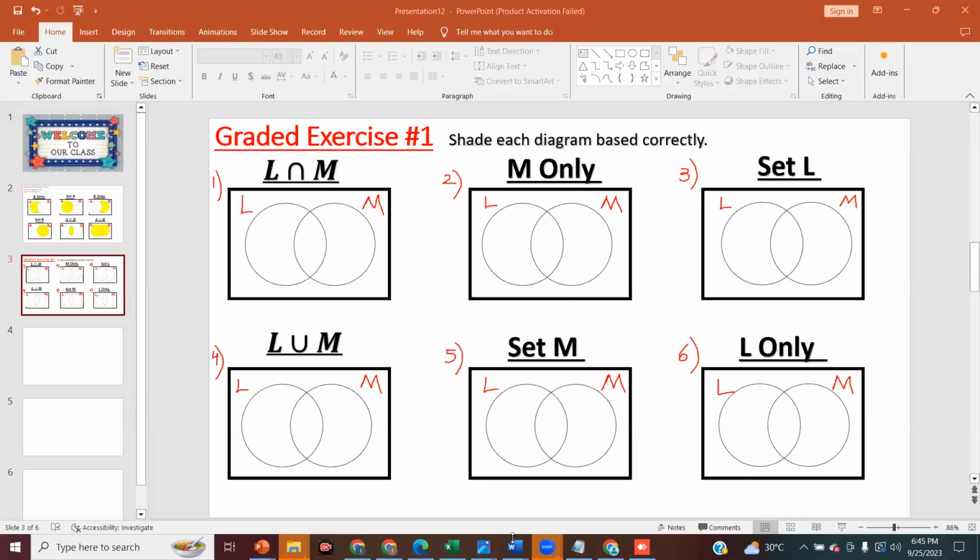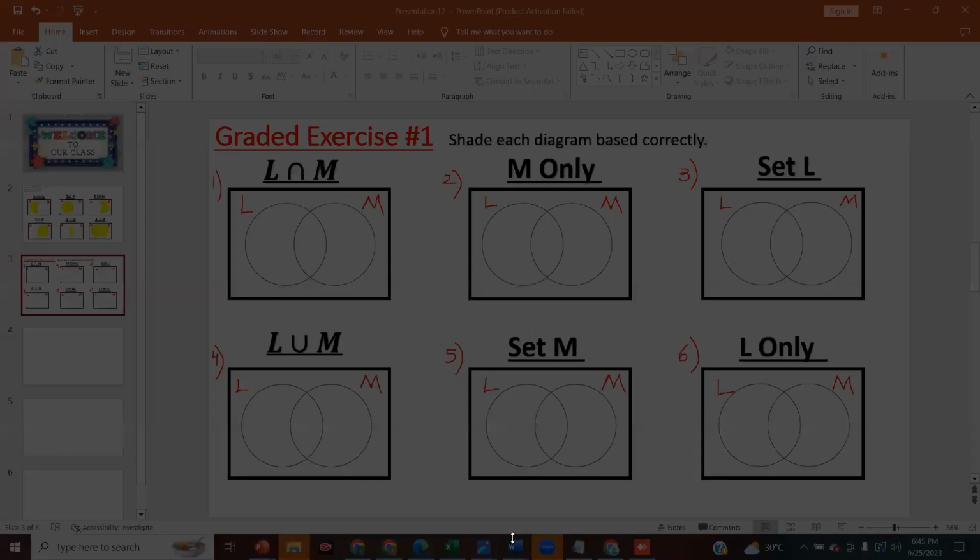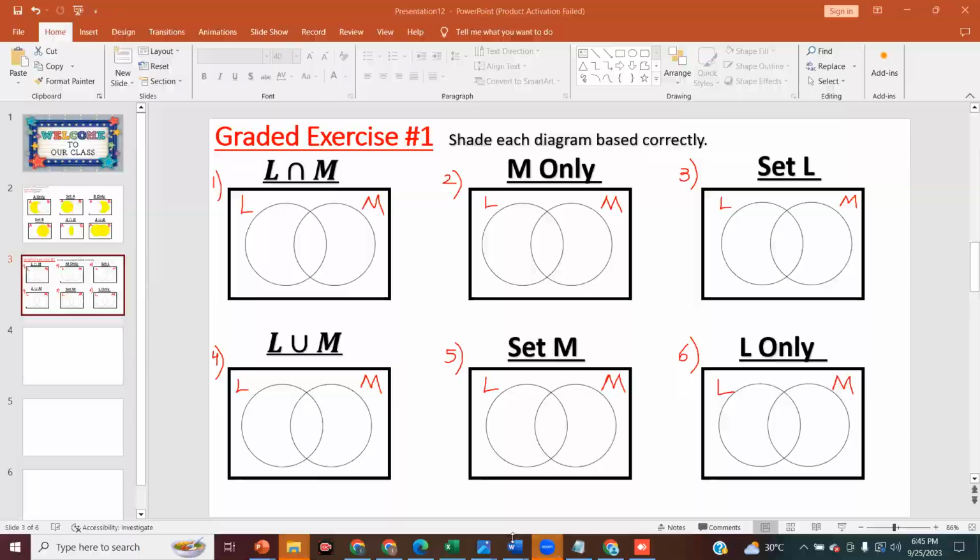Lanaya? Where's Lanaya? There she is. That's not like her. What number are you on? Number 3.